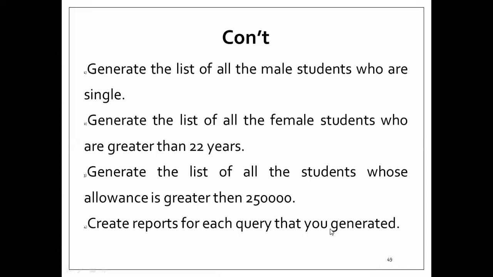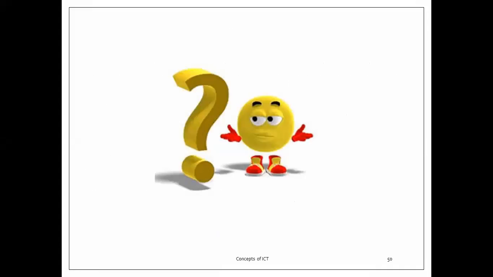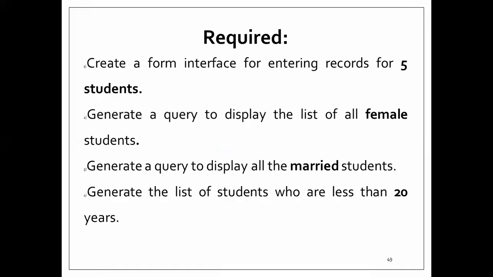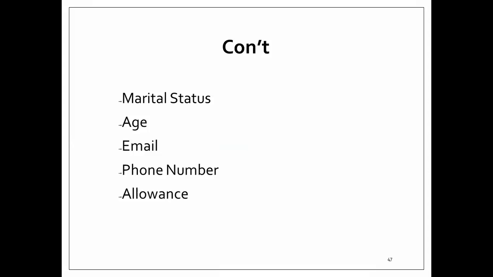You see? So we are talking about a table, a form, queries, and reports. That means we are talking about the 4 objects of our database, and that's how we must design databases. We must have the 4 objects.